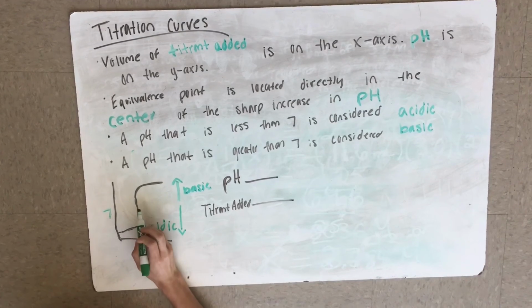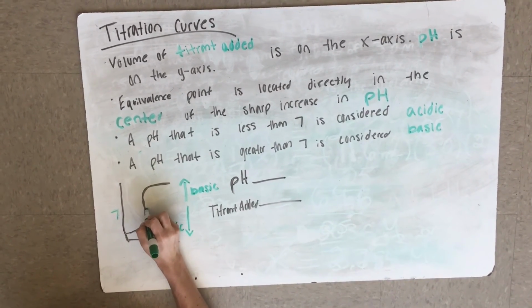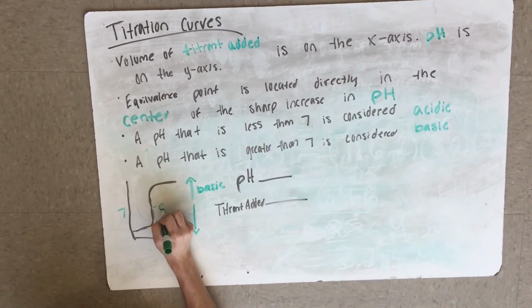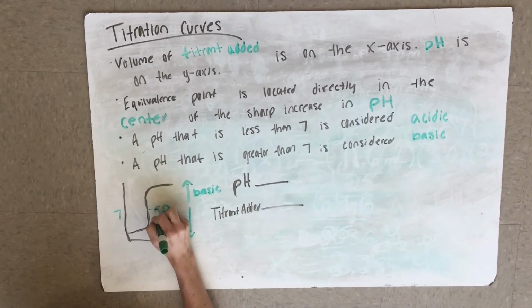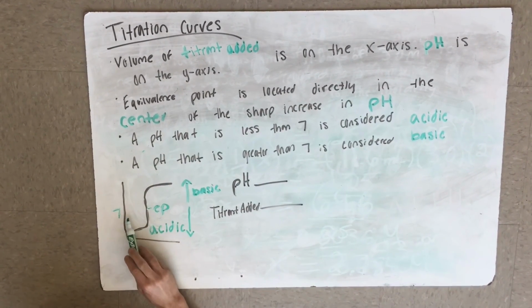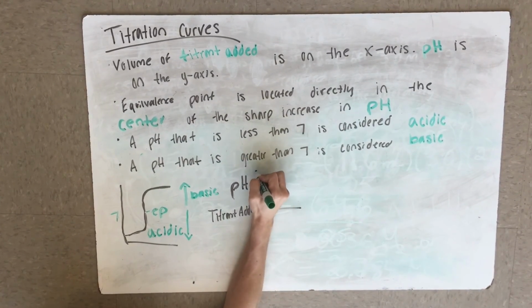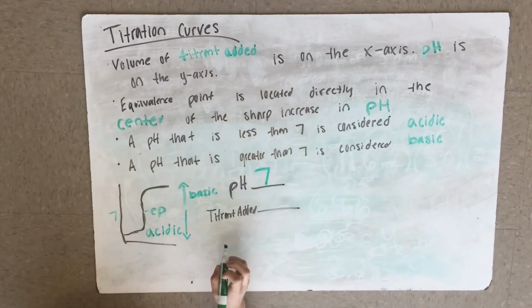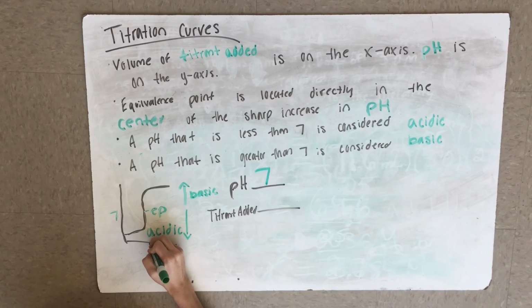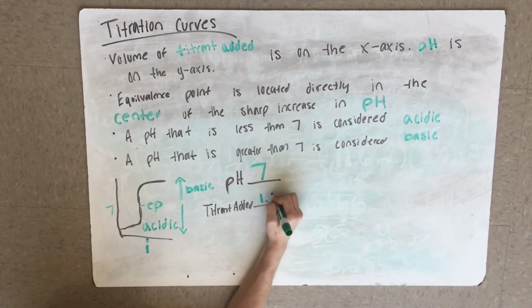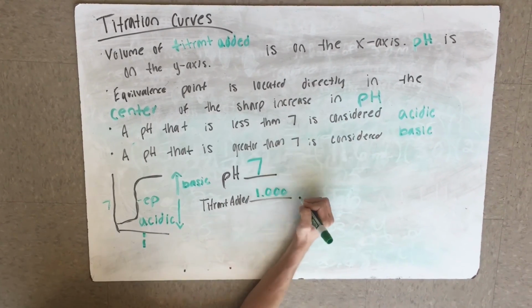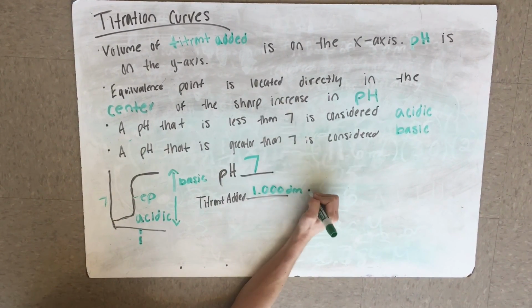The equivalence point is in the middle of the sharp increase, so that should be about right here. And then the pH at this point is about 7. The amount of titrant added on your paper should be 1.000 dm3.